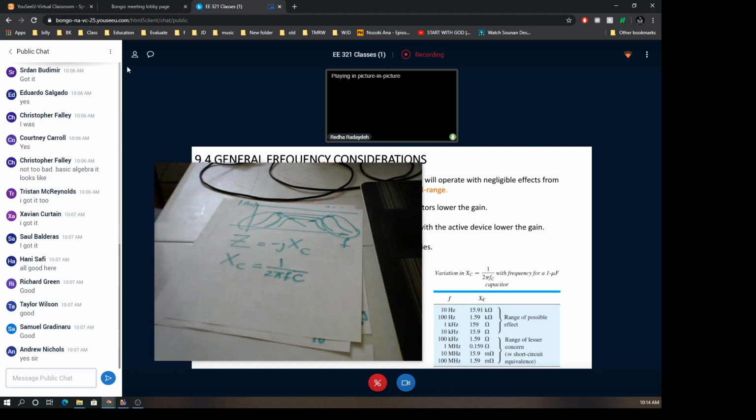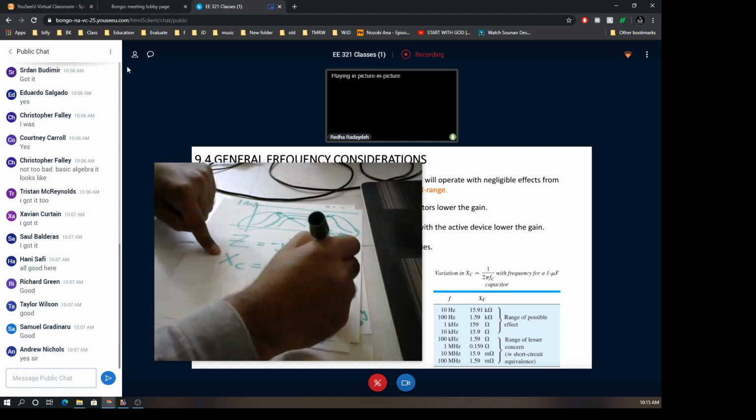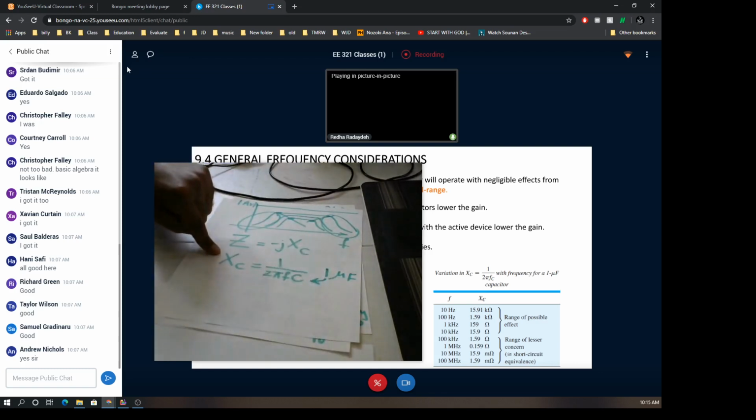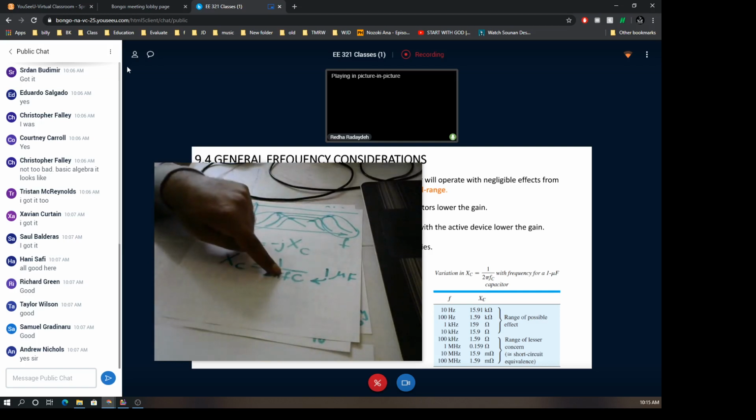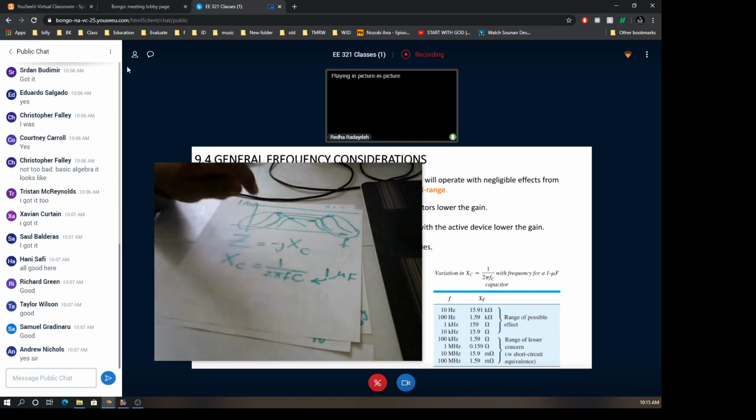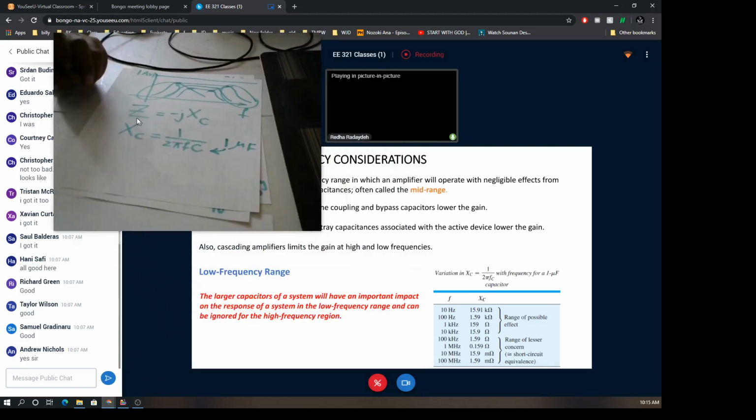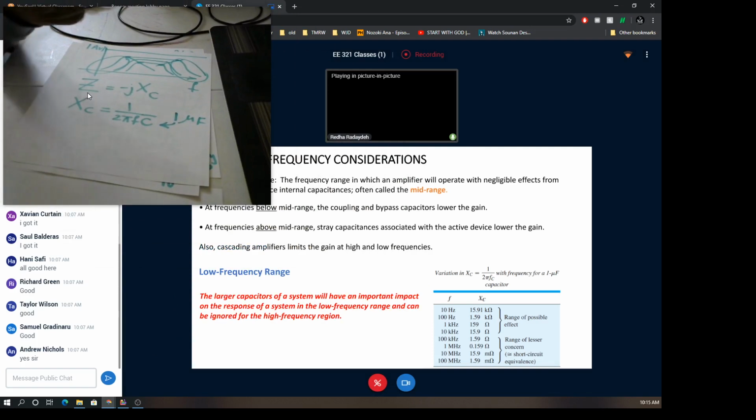Now the table shows these values, the XC values, for a 1 microfarad capacitor at different frequencies F. Again, these are the frequencies of the input signal that we need to amplify. So at different frequencies, as you see there, we see a dramatic change in the value of XC, or the impedance of that capacitor.